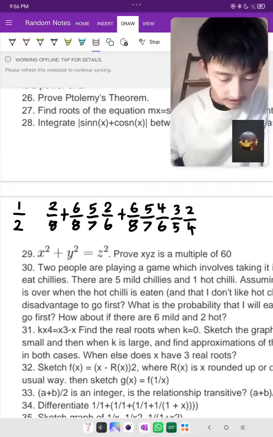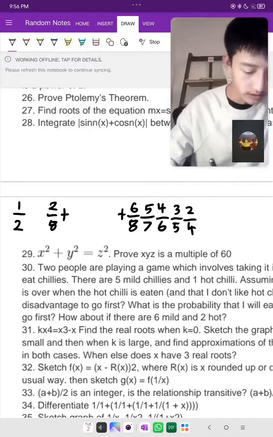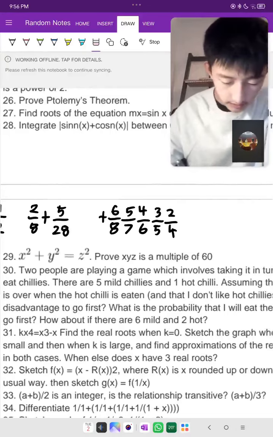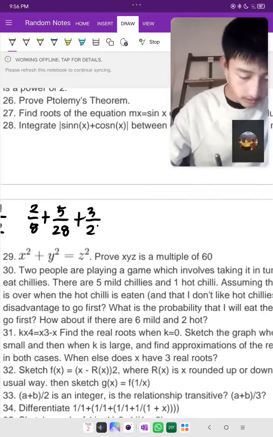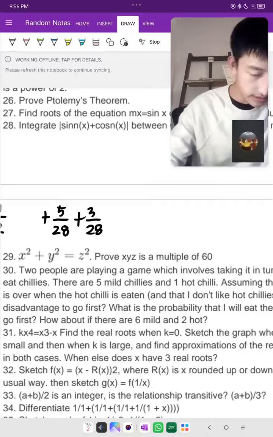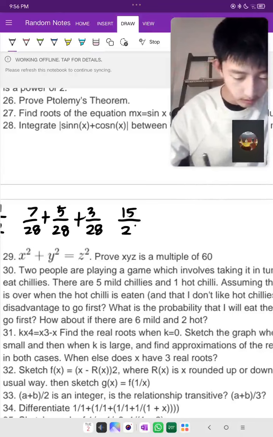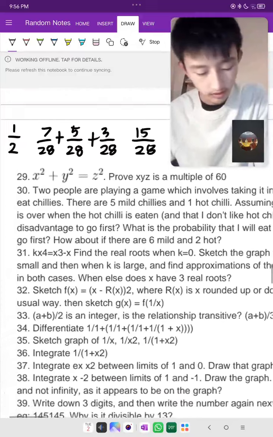So 10/56, or just 5/28. Then the 6s cancel, 5s, 4s, then so 3/28. 2/8 is the same as 7/28, so this is equal to 15/28, which is slightly more than a half. So I guess I don't want to go first.